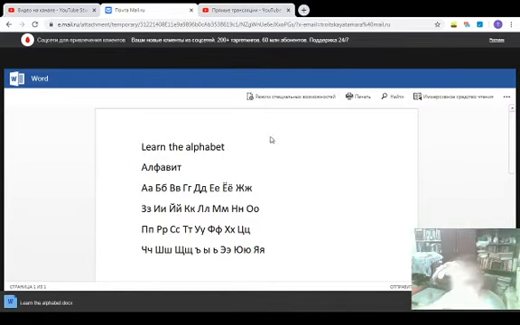A, B, V. You can see the first is the first letter is big and the second is small.